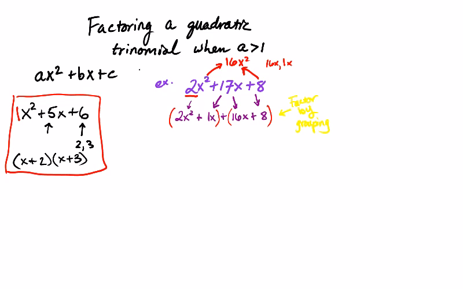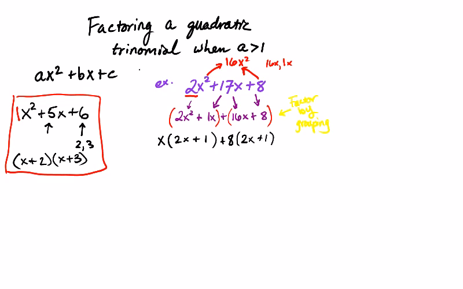So the greatest common factor in 2x squared and 1x is actually going to be just x. And so that is x, and then parentheses, 2x plus 1. Plus symbol will stay, and then the greatest common factor in the second parentheses is 8, so I take out 8, and it leaves me with 2x plus 1.